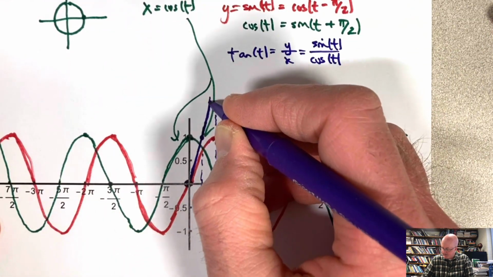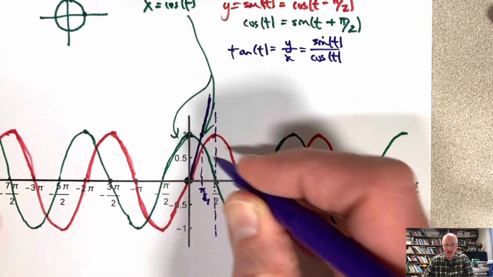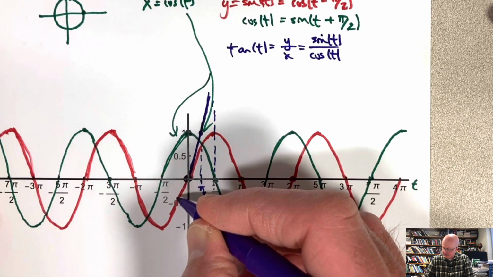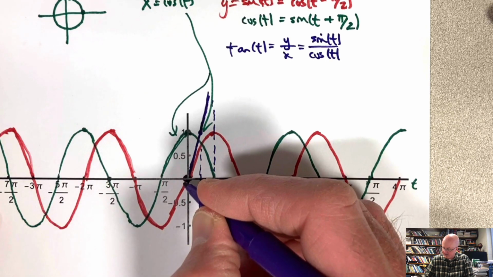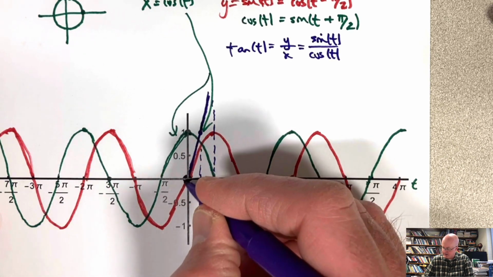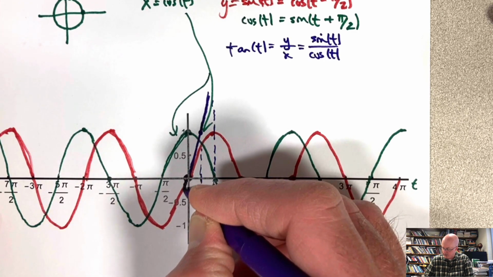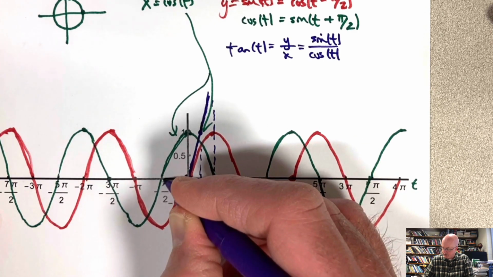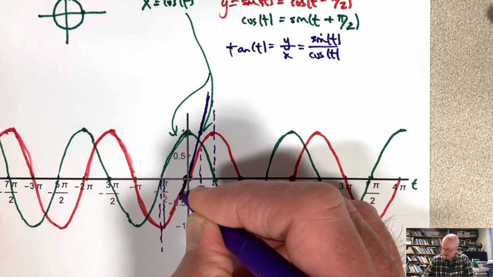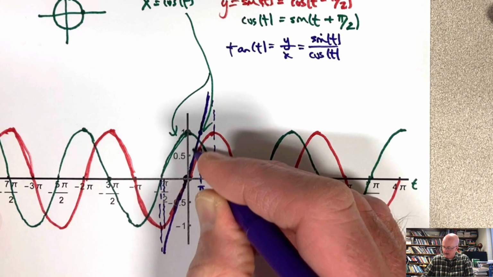This is part of the graph of tangent. And if you take red divided by green over here, you have a negative number divided by a positive number, which is negative. When t is just barely negative, you're dividing by a number close to 1. So the purple graph continues to be close to the red graph. And you end up having a vertical asymptote at negative pi over 2 as well, right about here, like that.